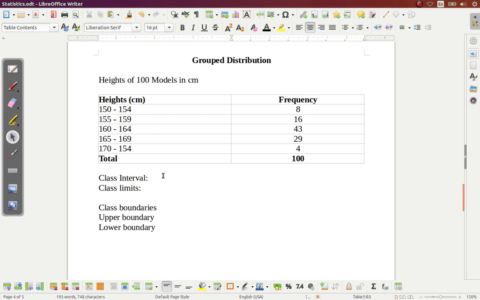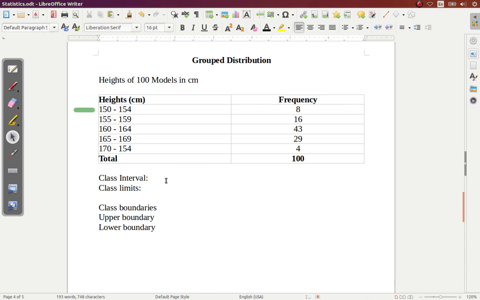Now, the class interval. Let's look at the first class, this one here. When you look at it, you see these numbers, 150 to 154 centimeters. Or you know that it's centimeters already, right? Now the figures 150 to 154 give the class interval.